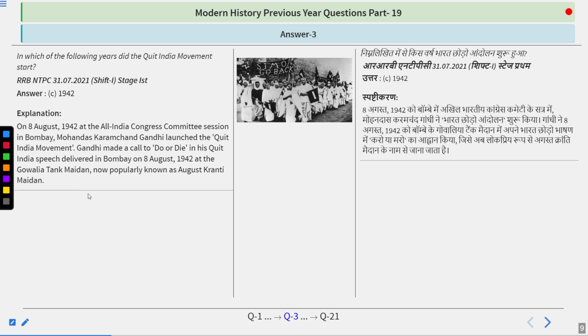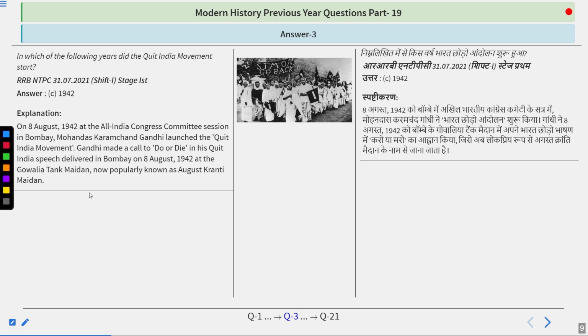So if we talk about the Quit India movement, in 1942, on 23rd March 1942, the Cripps mission came to India. In that particular mission, they asked Indians to help them in the Second World War, and in return they would provide freedom and other things. They promised that.